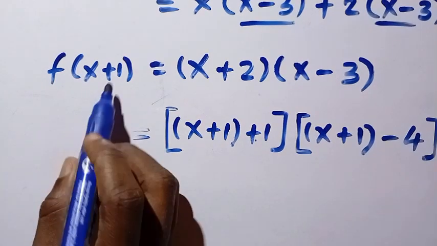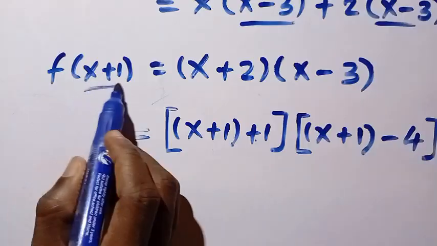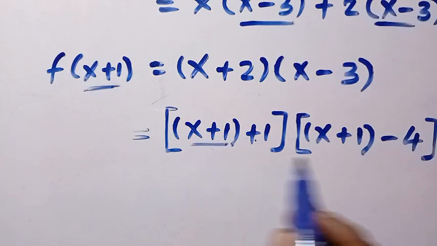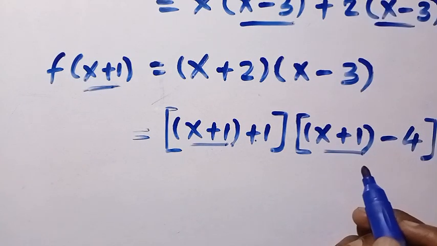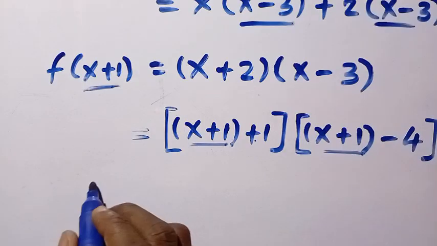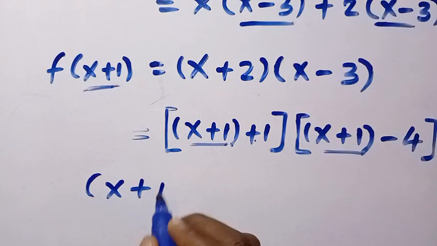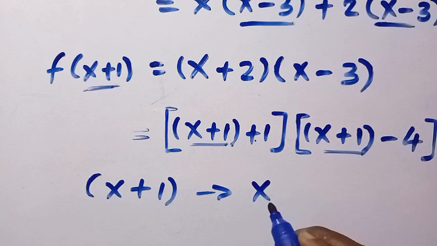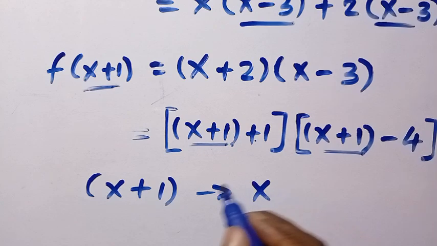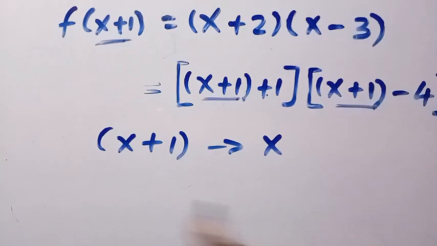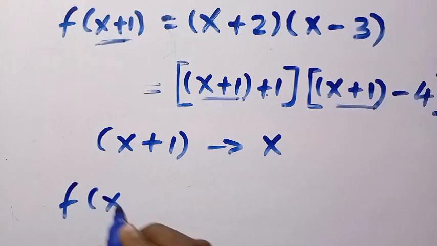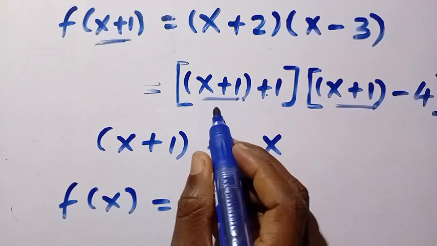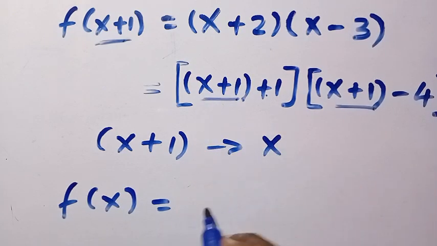Since we now have x plus 1 here and x plus 1 here also, we replace x plus 1 with x. By replacing x plus 1 with x, we have f of x equals, everywhere we see x plus 1, we change it to x.